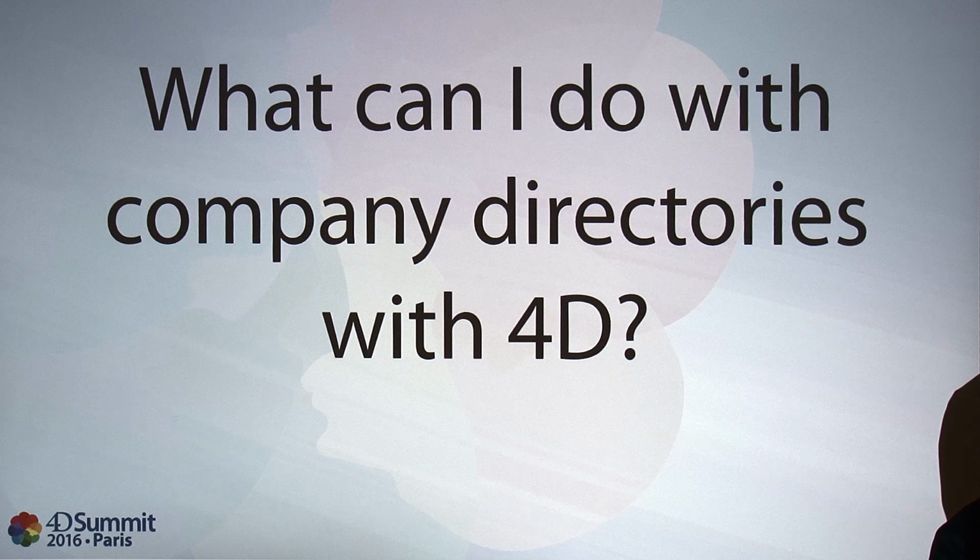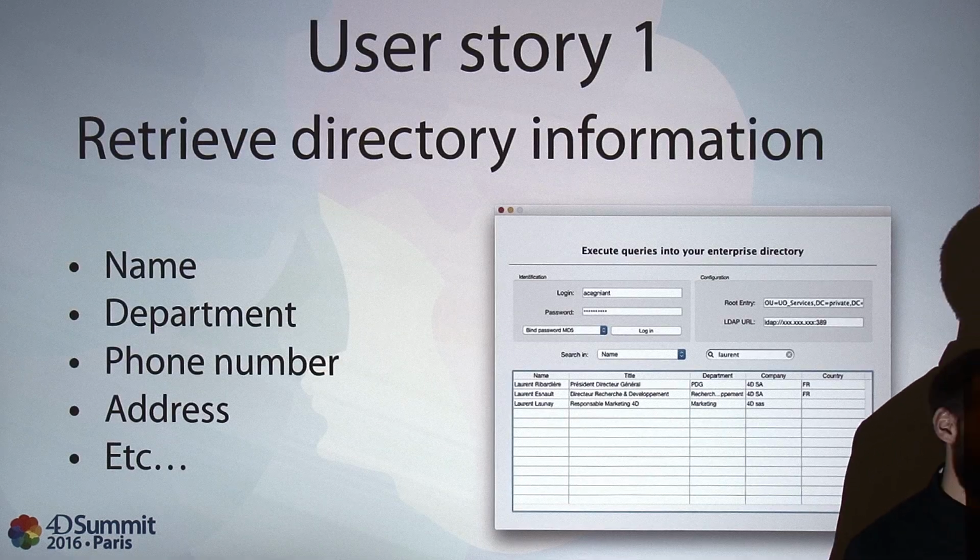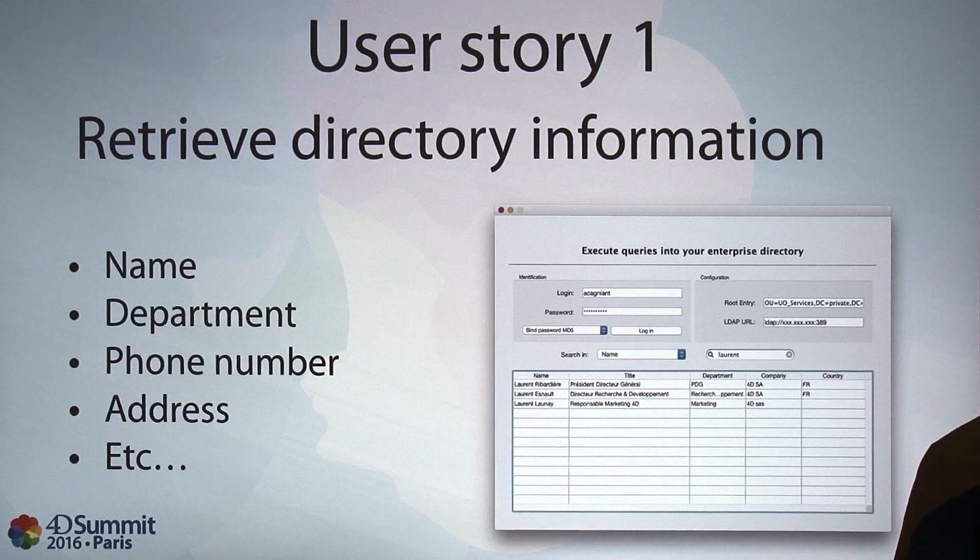So we have implemented a new feature which answers two user stories. The first one is to retrieve directory information. As I told you this morning, and as Milan told us, there's a lot of information inside the Active Directory, inside the enterprise directories, such as name, department, phone number, address, a lot more, about devices too, printers, localization, whatever.